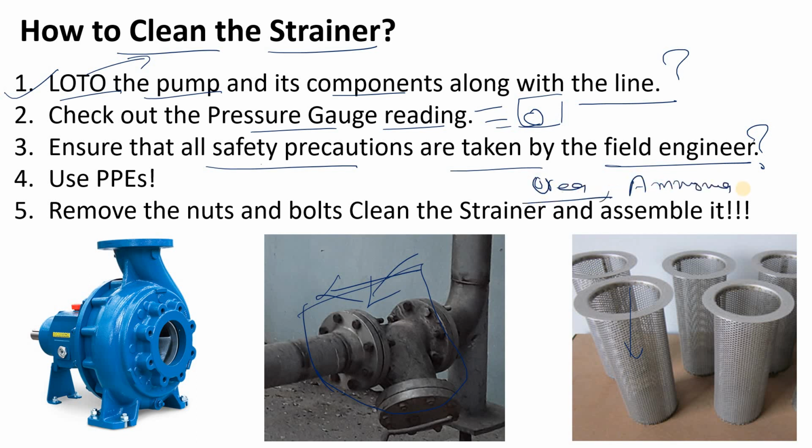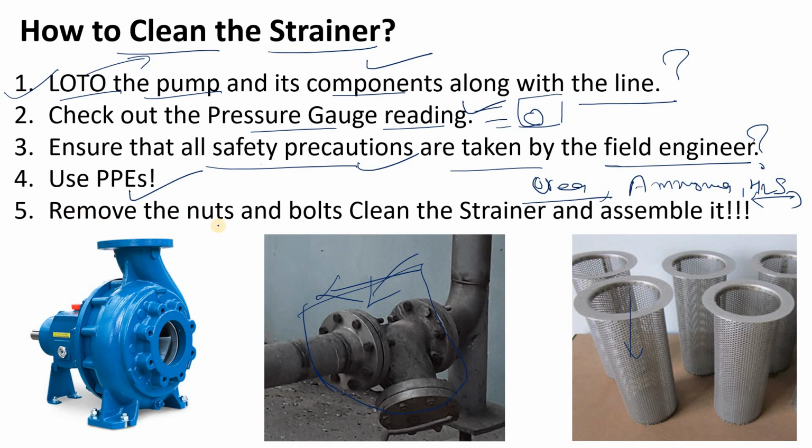So it could be fatal for anyone, right? So first ensure that LOTO is there, the pressure gauge reading is 0, and all the safety precautions are taken. Then use the PPEs, gloves, goggles, helmet, all the PPEs you should have, right?